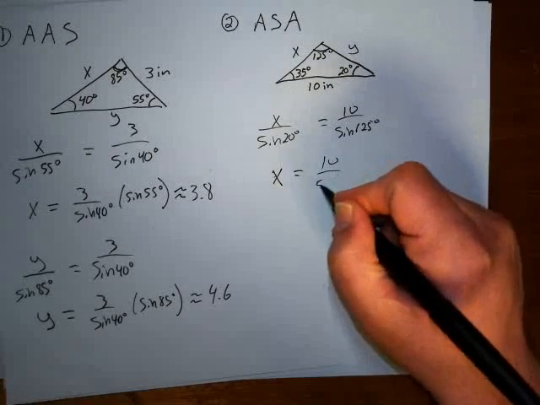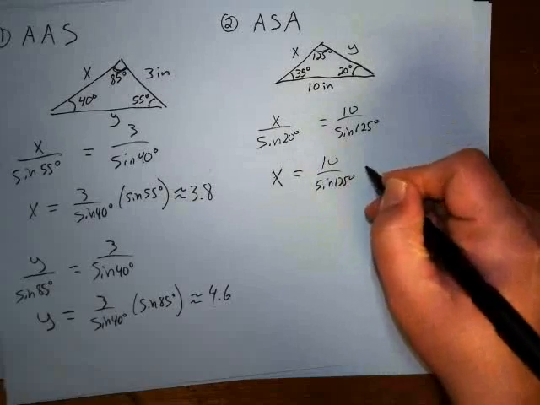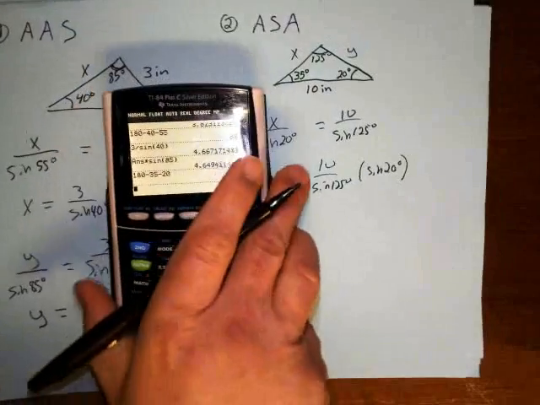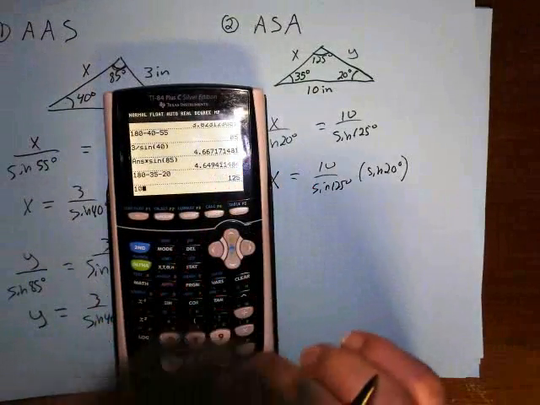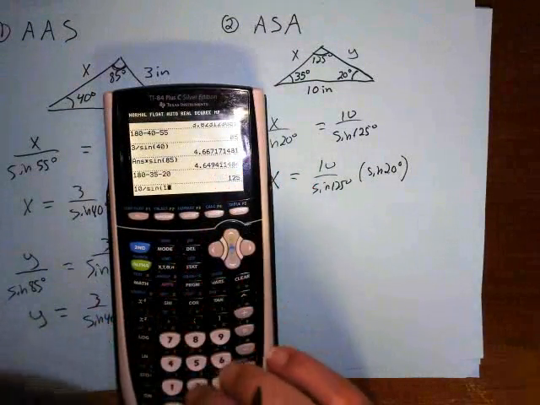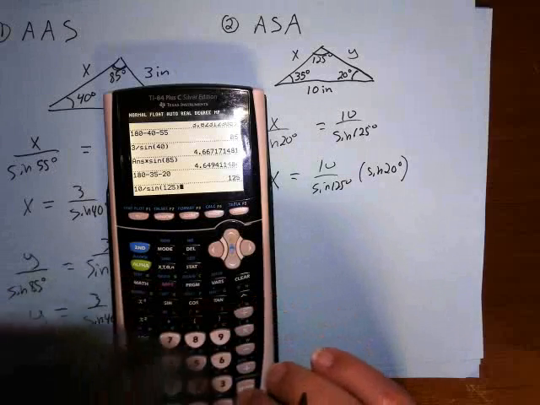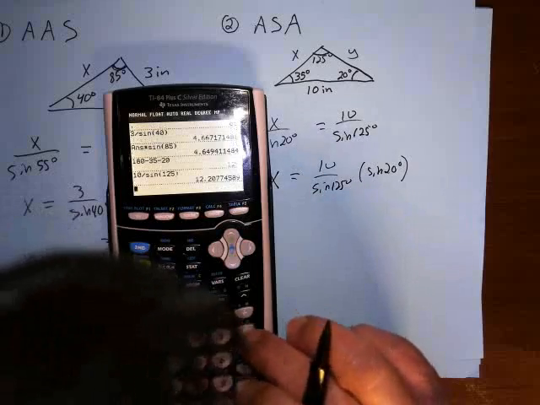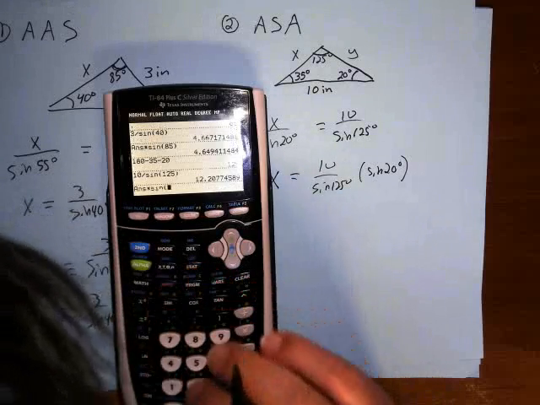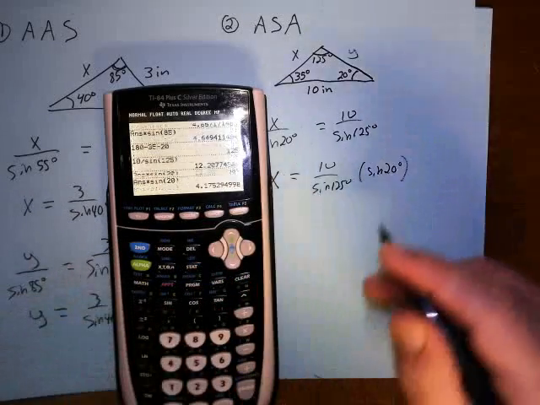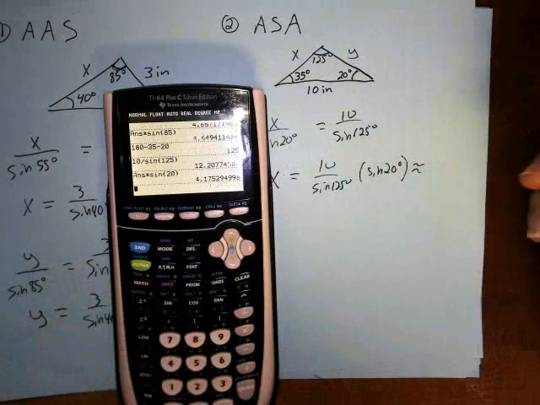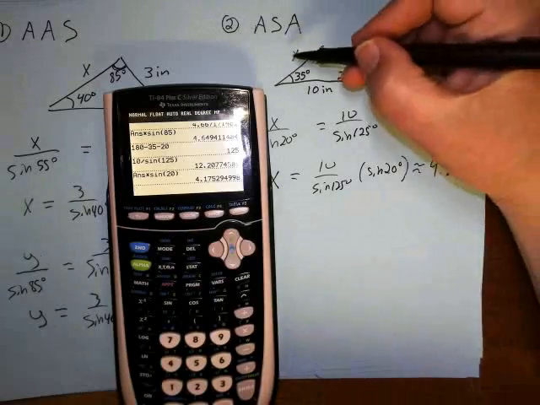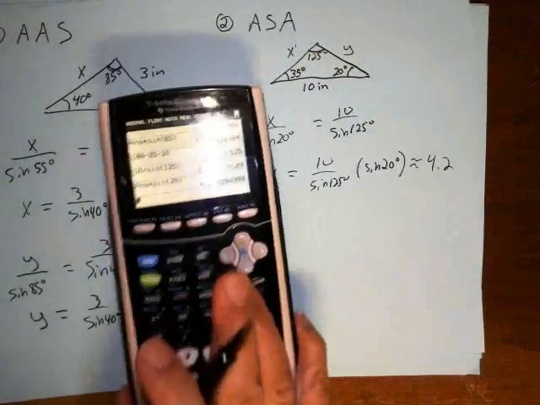This would be 10 divided by sine of 125 times sine of 20. And I get that this is approximately 4.2. Okay, so that would be this side here, 4.2.